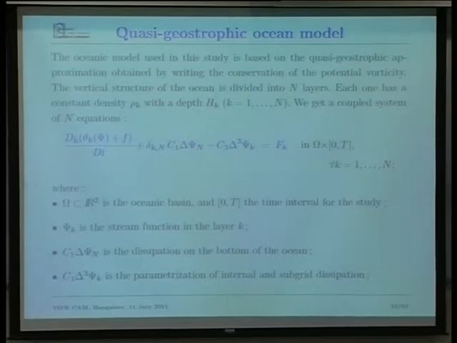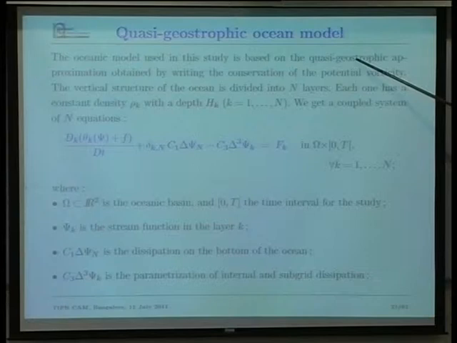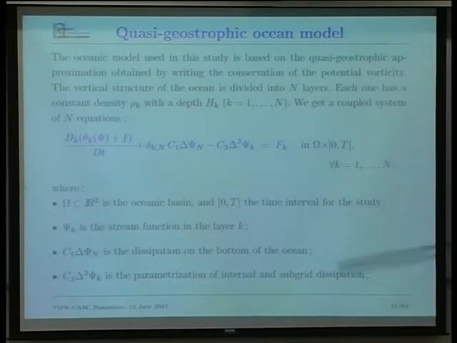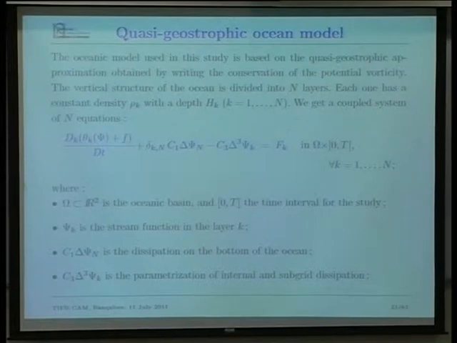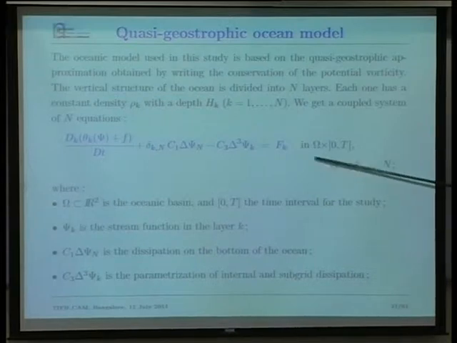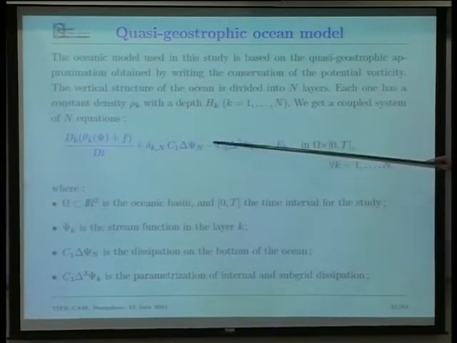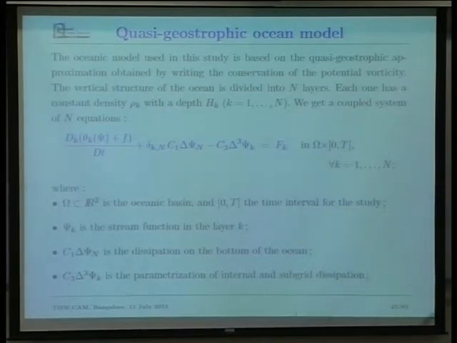So, a more complicated ocean model. Well, in fact, I've done work on the quasi-geostrophic before shallow water, but this is more or less a 3D ocean model. Well, in fact, it's 2D and a half. So you just have several layers of 2D ocean models. And on each layer, you still have almost the same equations as in the shallow water.